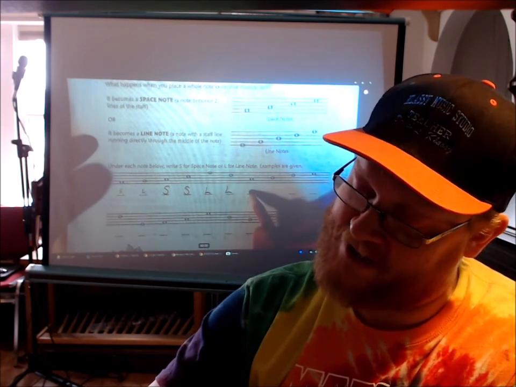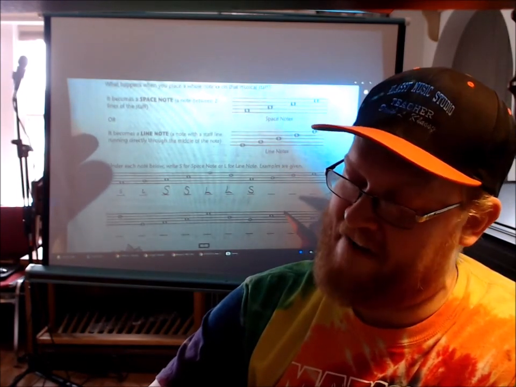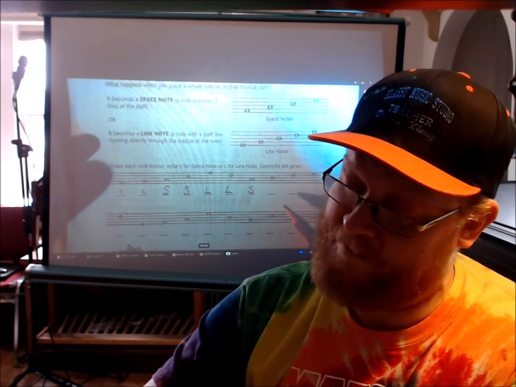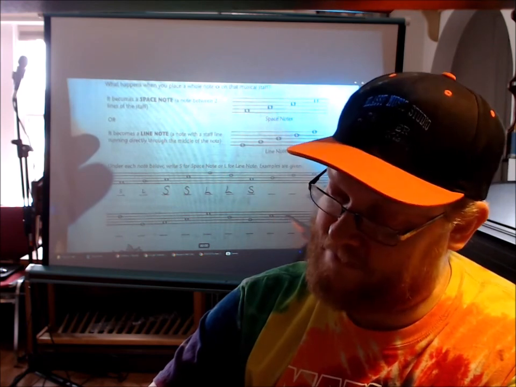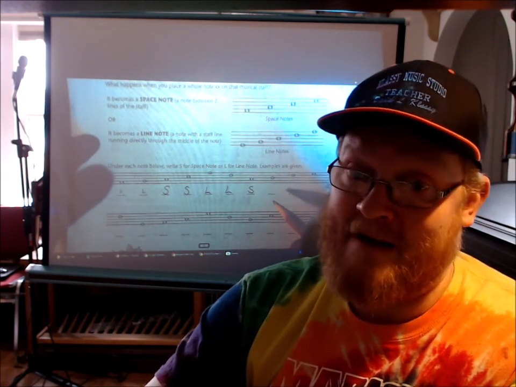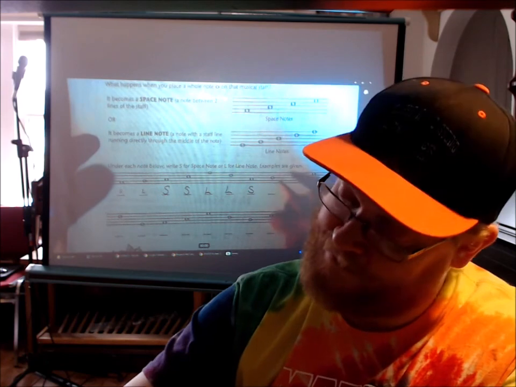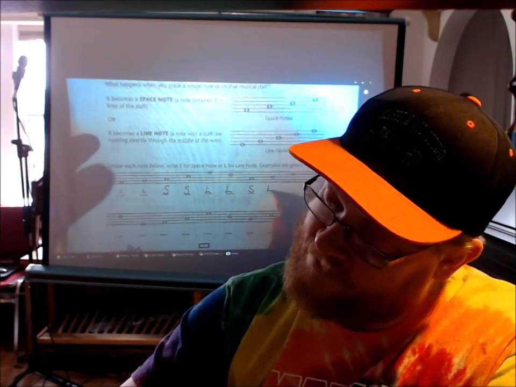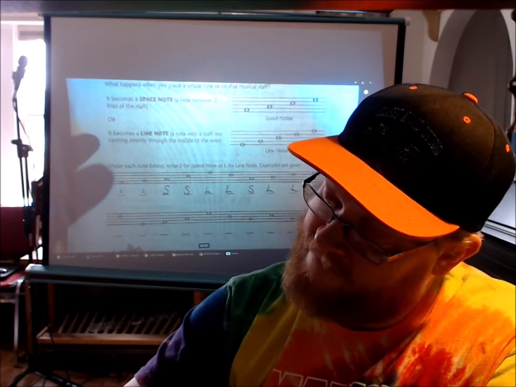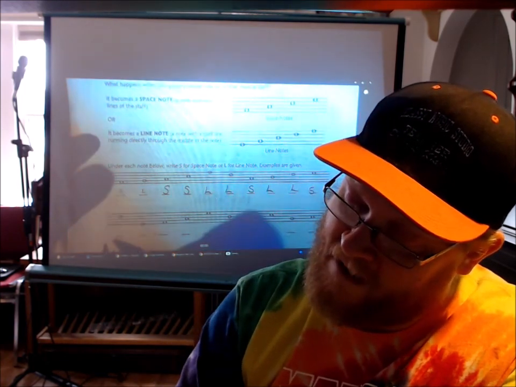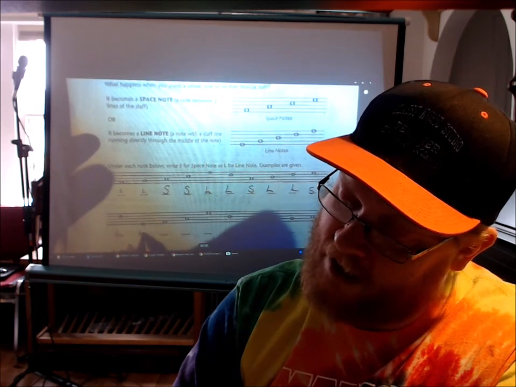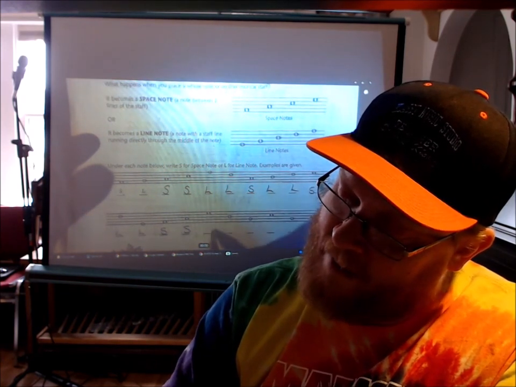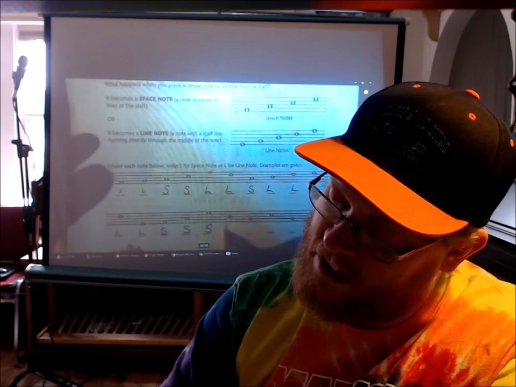Second space. It's good to identify these before we actually give them their letter names in the different clefs, because there are 2 clefs we often work with, and we've done songs about those. 3rd line, 4th line, 4th space. 4th line, bottom space, top space, middle line.